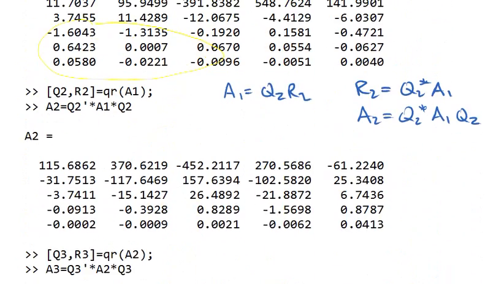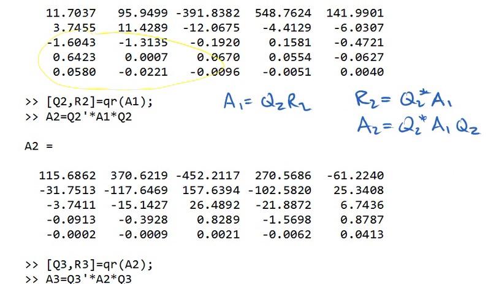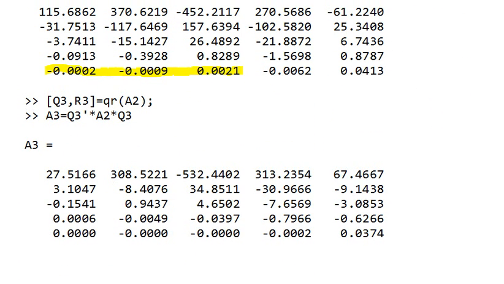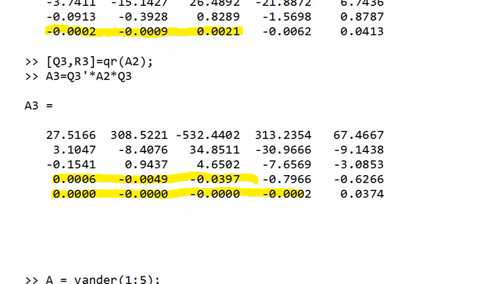And then when we do it again, you can see, especially in the last row, the numbers get smaller by a couple of orders of magnitude in some cases. And we do it again, we see they've gotten even smaller. And the ones above it are following behind. And so it seems like even though the matrices themselves don't stay triangular, they stay kind of close.